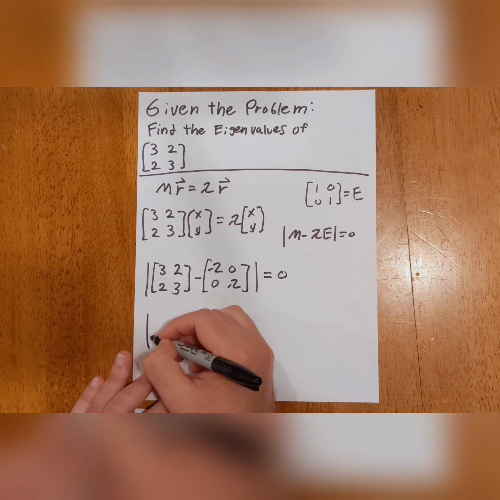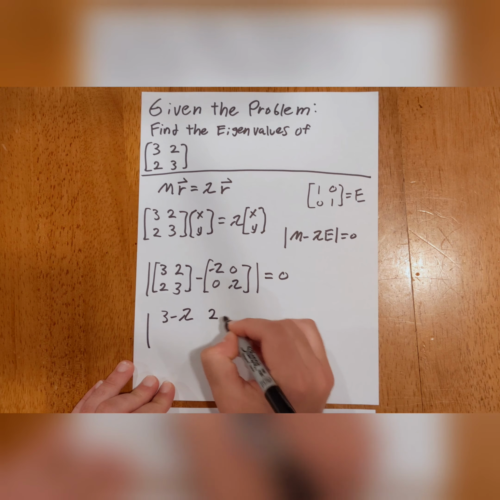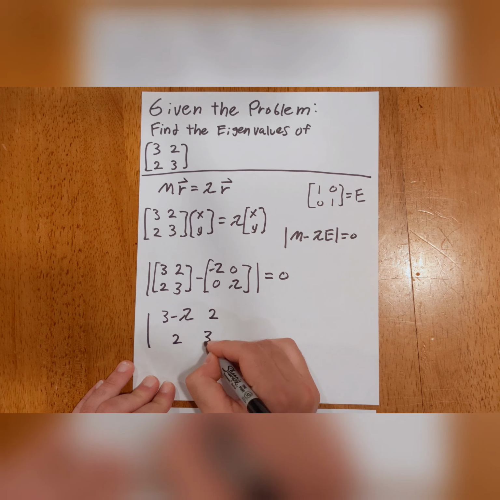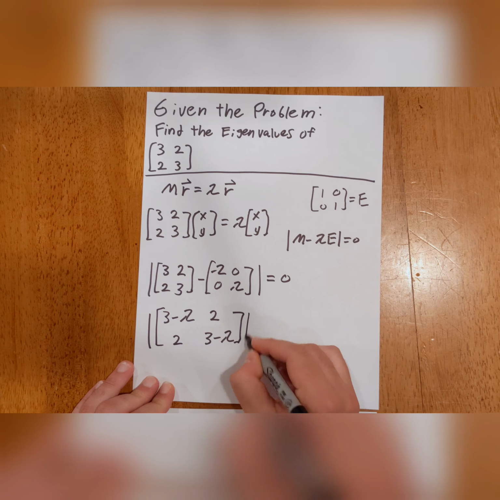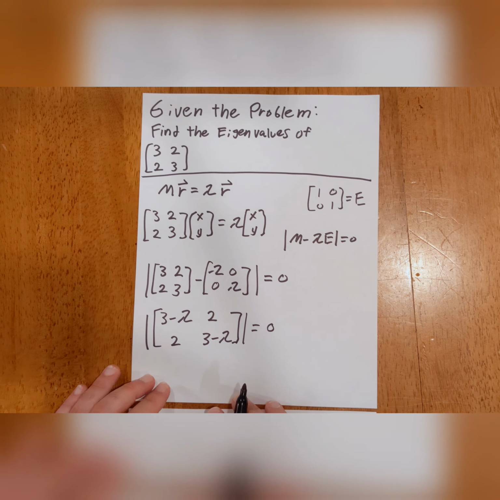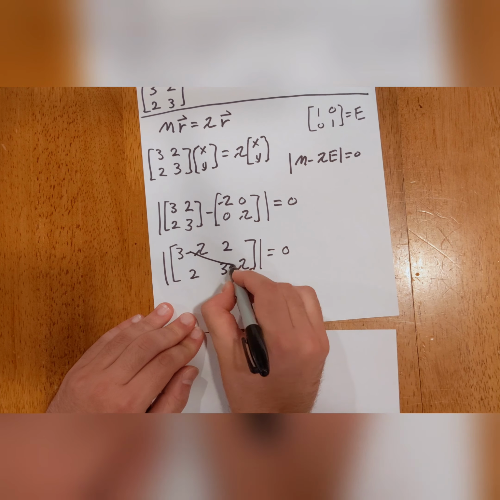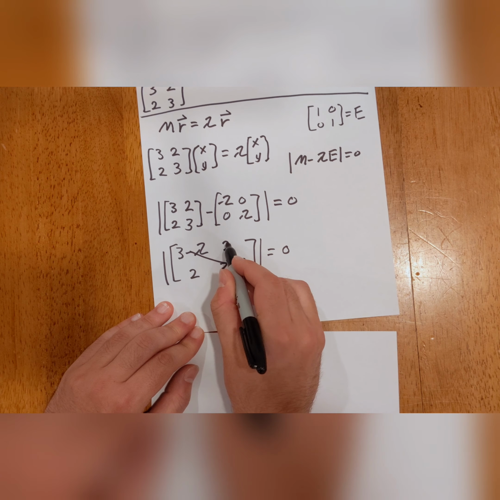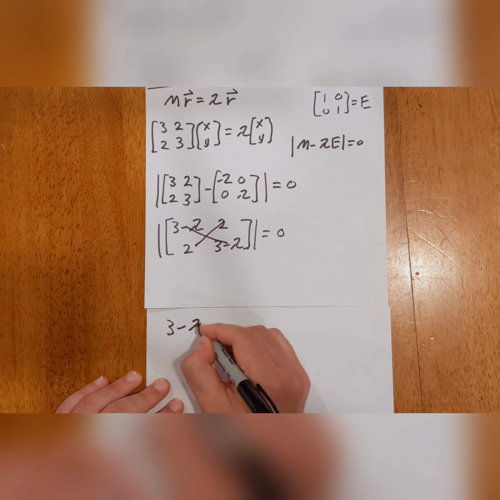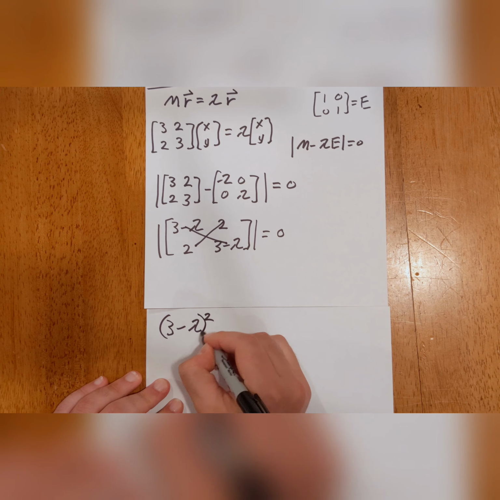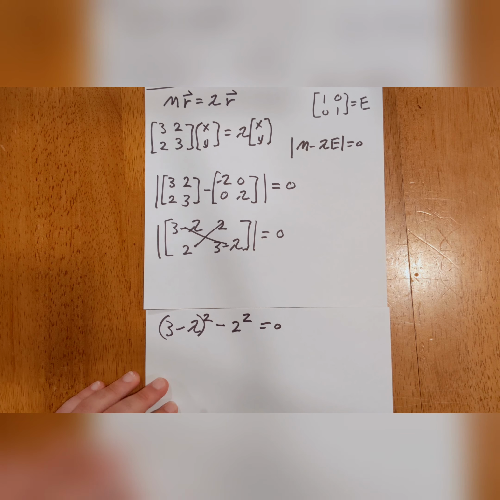Simplifying this further, we're going to get 3 minus lambda, 2, 2, and 3 minus lambda as a matrix, whose determinant is equal to 0. Now, to solve this, we're going to multiply these two, and then subtract the multiplication of these two. So we get 3 minus lambda squared, subtracted from 2 squared is equal to 0.